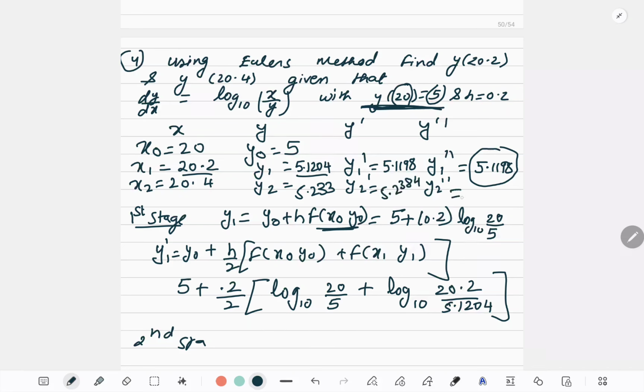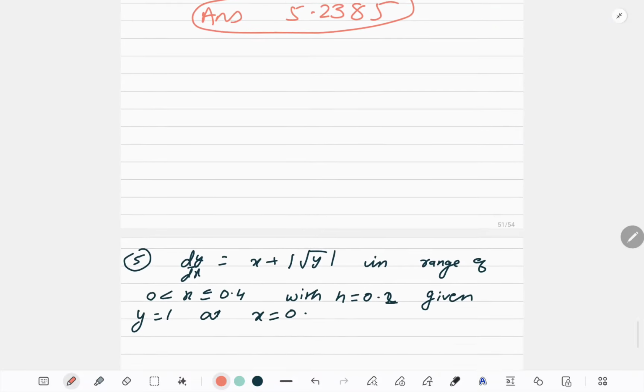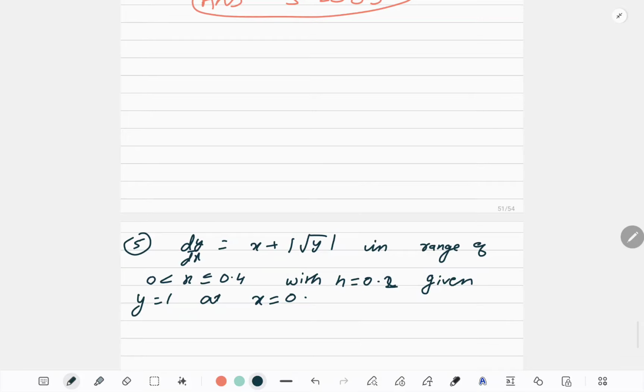Once again, when you modify, you will get 5.2385. So your answer will be here 5.2385. Okay, so the method is very easy. You just have to practice.